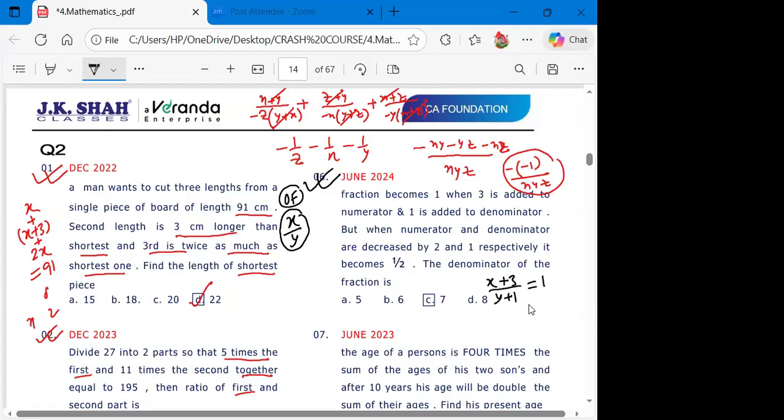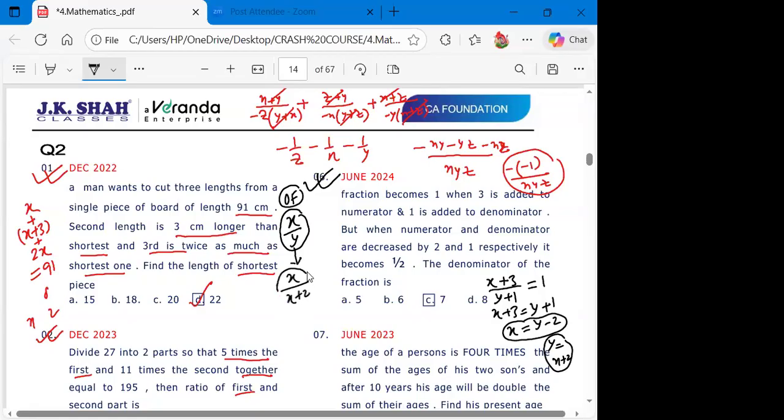So can I say, sir, x plus 3 is equivalent to y plus 1. So x is actually y minus 2, or I can say y is actually x plus 2. How many of you understood this line? So the fraction I have assumed is actually x divided by x plus 2.